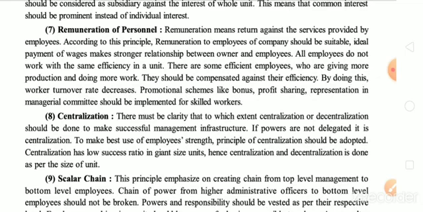It means it should be according to the position and power of the employee who is working in the organization. If he is at the lower level, then his salary or wages should be according to that. In middle level or at top level, it should be according to their position.